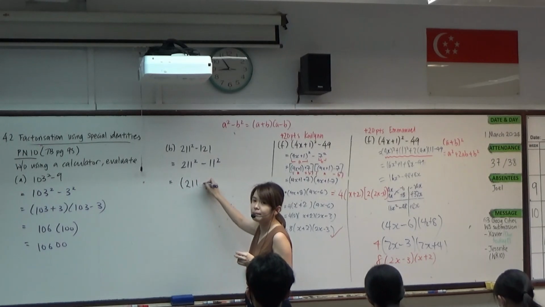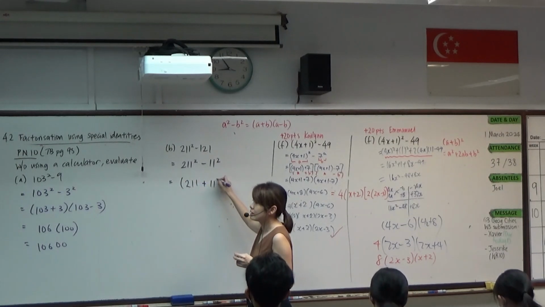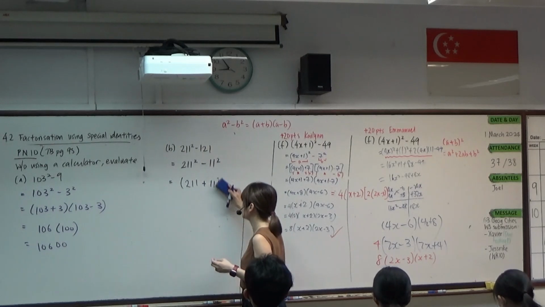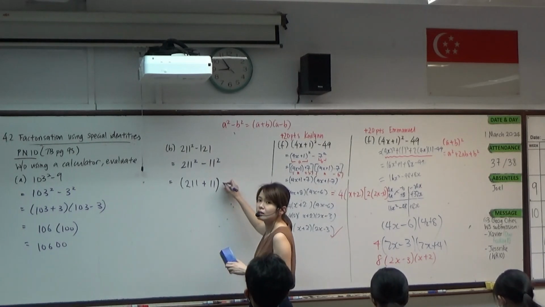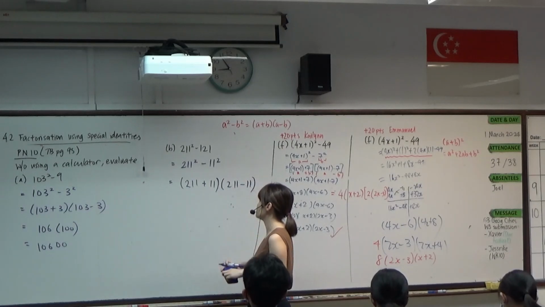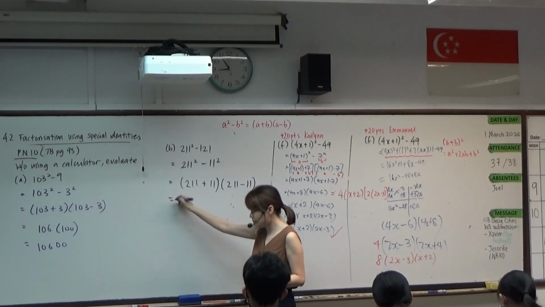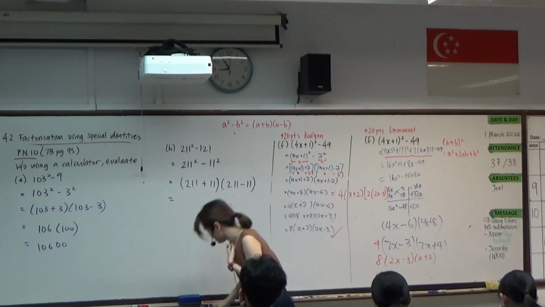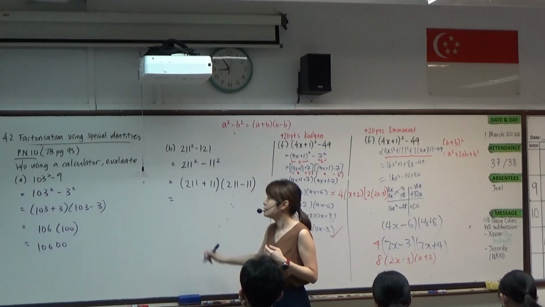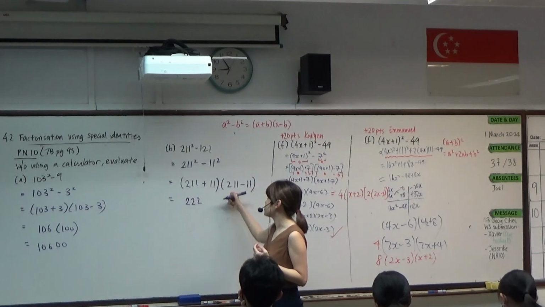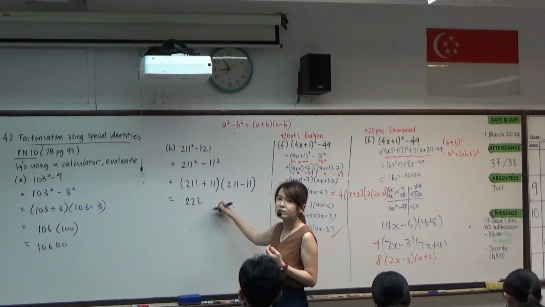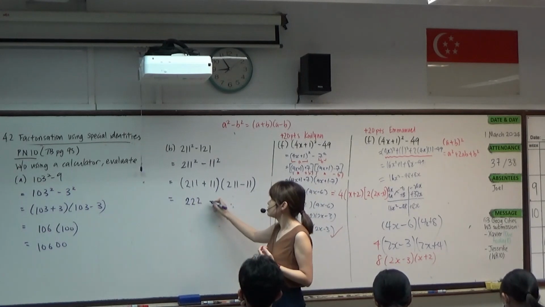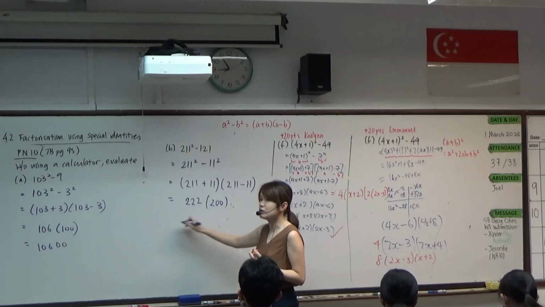Bracket 211 plus 11. Okay, bracket 211 minus 11, and 211 plus 11 is equals to 222, and 211 minus 11 is 200. And can you solve this mentally?